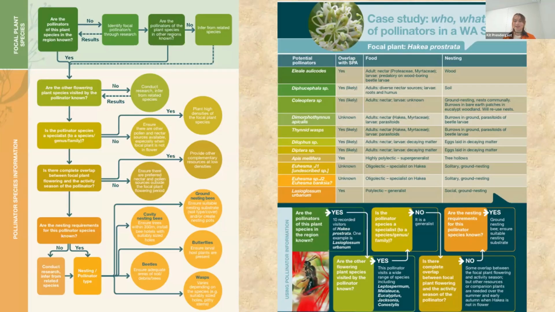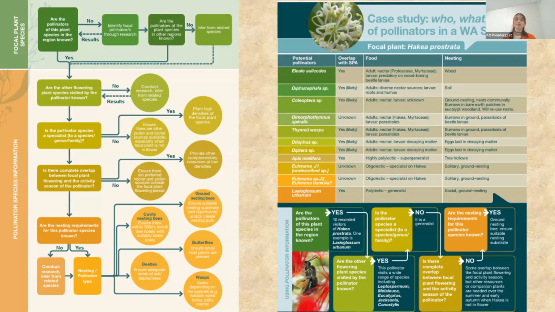Based on this, I looked at whether their distribution overlapped with where the seed production area is. For some, like undescribed species, we don't know. So that is another issue with undescribed species.